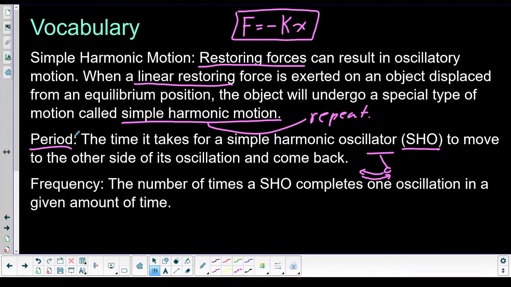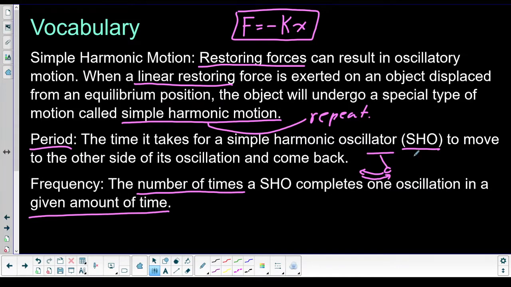There is another kind of time-dependent word that we need to know, and that's frequency. And frequency is like measuring the other part of period. Period measures how long it takes to do one thing. Frequency is the number of things that happen in one amount of time.